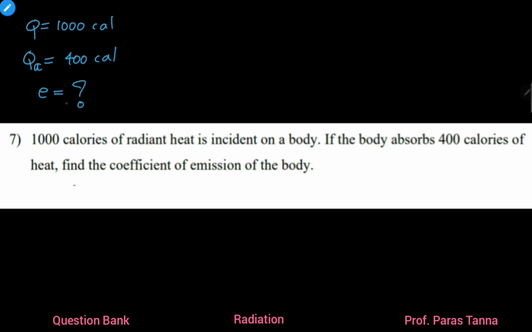First of all students, we can find out the coefficient of absorption of the body, which is also called absorptivity, which is denoted by small a. The formula of small a is QA divided by Q.